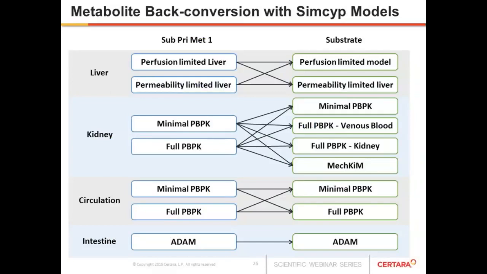As you can see with this fairly complex network, the back-conversion option will always be available for the liver, kidneys, and circulation, with all the possible combinations between substrate and metabolite models. The only exception is the intestine, where you have to use the mechanistic absorption model, namely the ADAM model, to describe your primary metabolite and substrate in order to handle the interconversion happening at the enterocyte level.